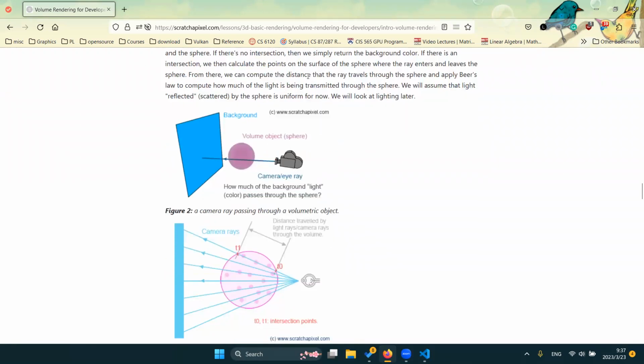Then we can compute the distance the ray travels through the sphere and apply Beer's law. Okay, I guess that's why they use C++. Is this like a software ray tracer? Yeah.